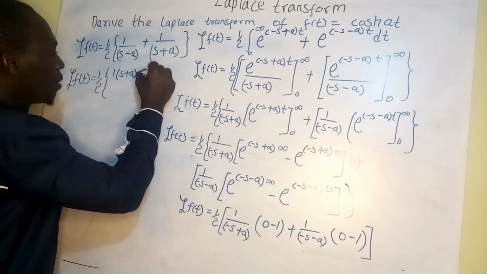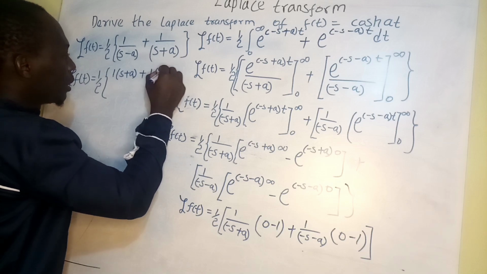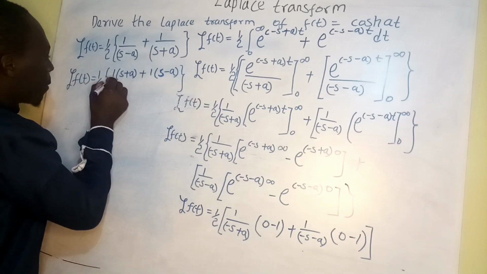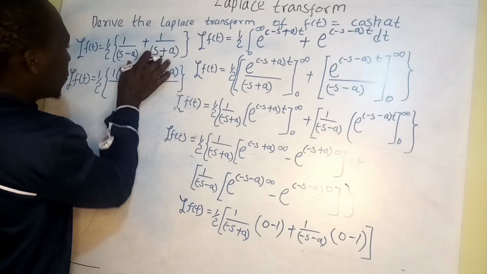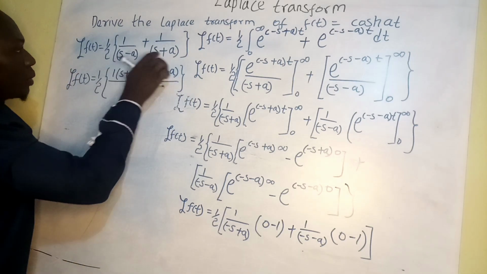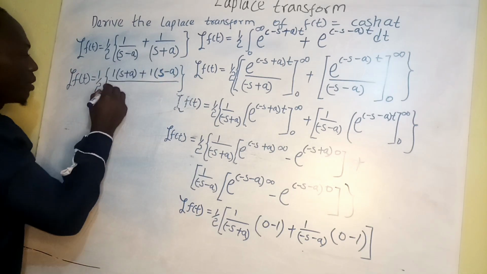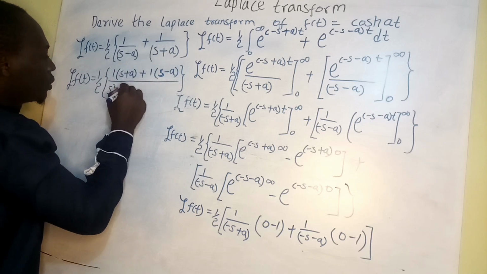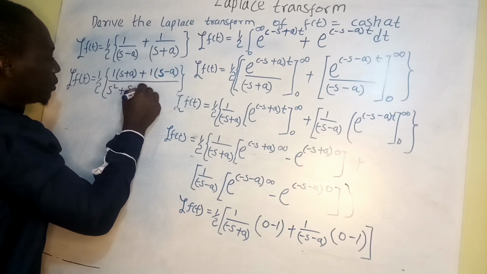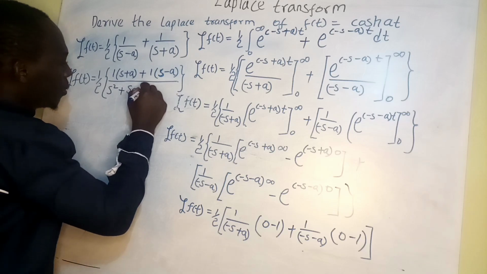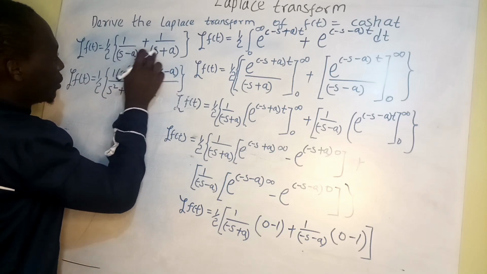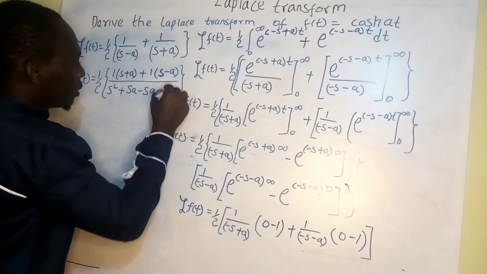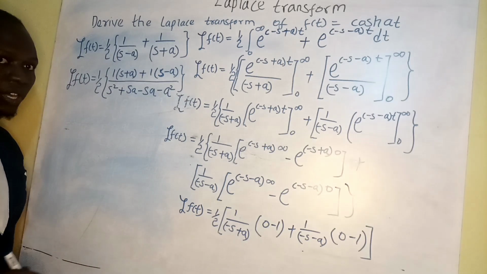And we are going to have 1 into s we subtract from a. We come and multiply the denominators, this one and this one. Here we are going to have s squared, we add to sa, we subtract from sa, this one multiply by this, and we subtract from a squared.